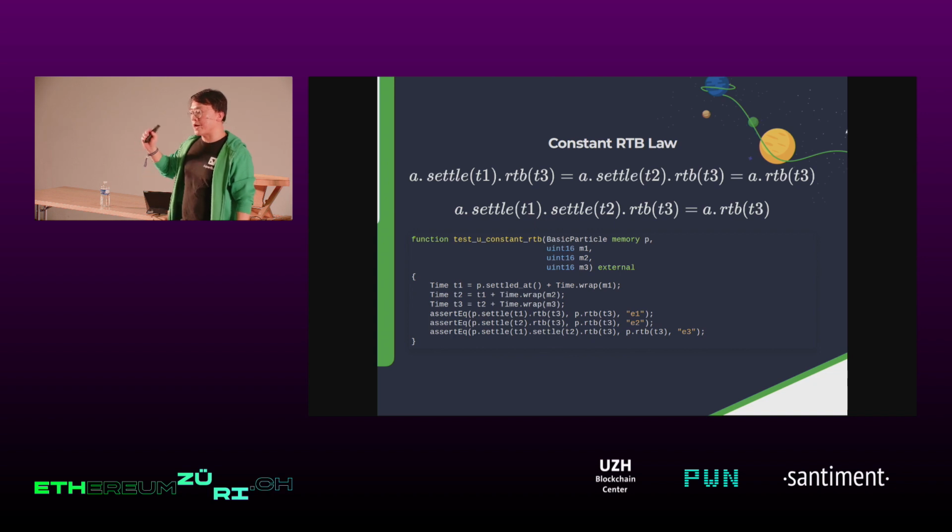Then you calculate the balance at the same time. They are always equal, right? This way, you can make sure that the function you define actually makes sense according to this law. So Foundry, again, provides a very nice facility for testing this. It's a very concise test. You just test the property, you put in random inputs, and it will give you 1,000 data points, and it all works. Then you're happy.